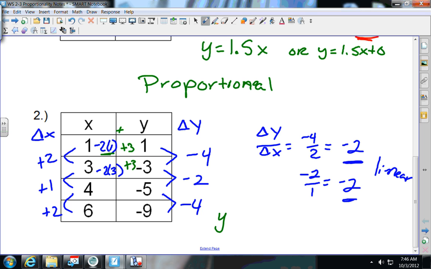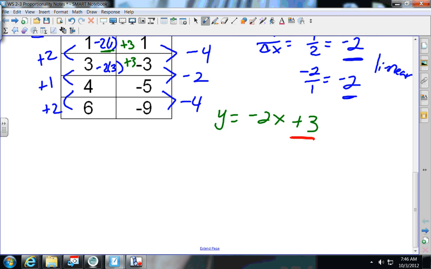So my equation is y equals negative 2x plus 3. This right here, because of that plus 3, it is not proportional. Okay? Constant has to be 0.